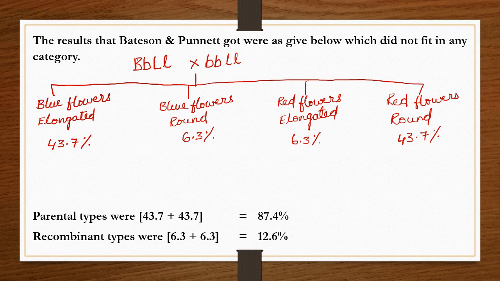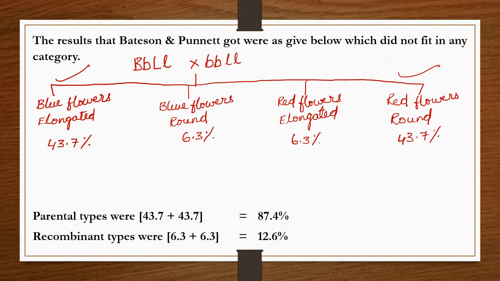As per linkage, the parental kinds, that is red flowers with round pollen grains and blue flowers with elongated pollen grains, are the two parental kinds. So as per linkage, each needs to come at 50%. But here the new recombinants appear, with less than 50%.